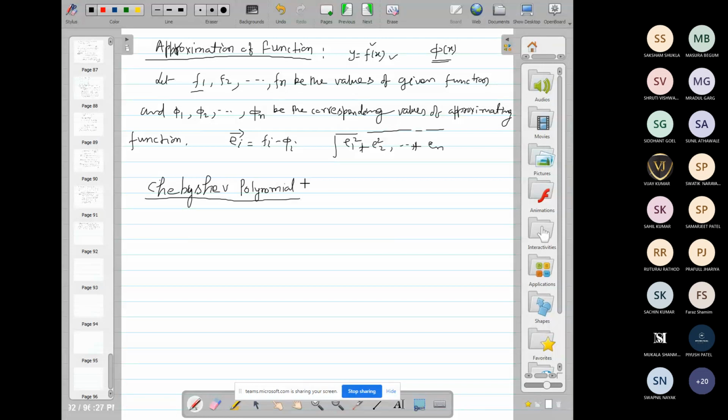And in approximating the function, we use this Chebyshev polynomial. So first we need to know how this can be defined.